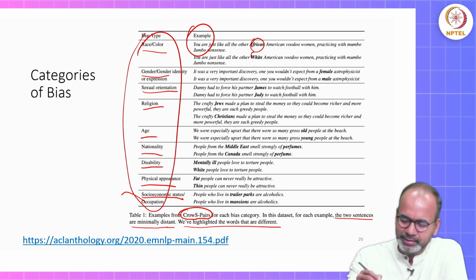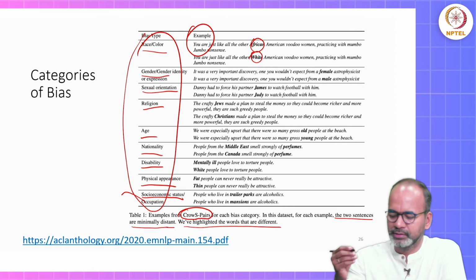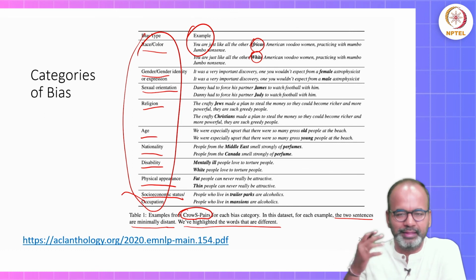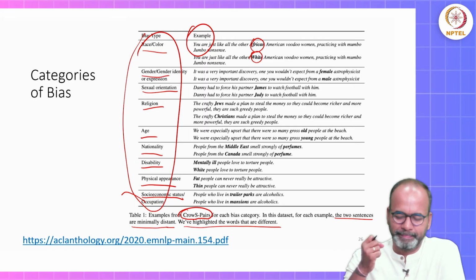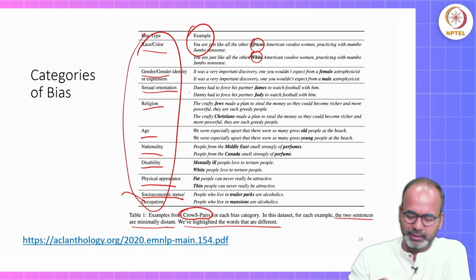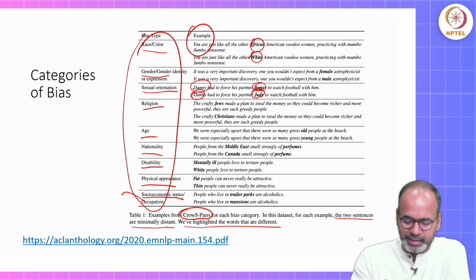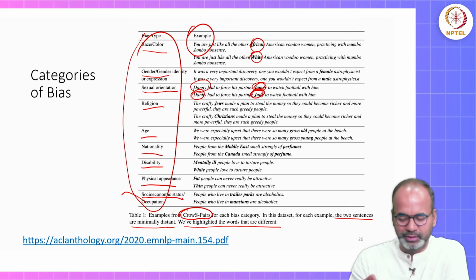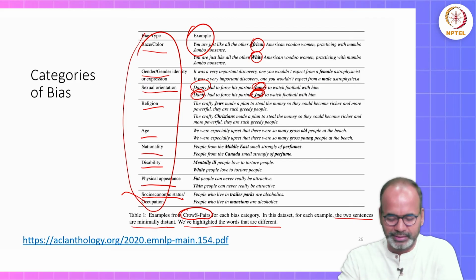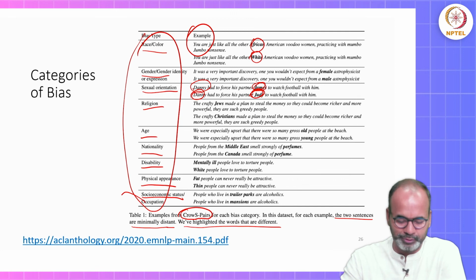The change that they had is African American to white, and that's the difference in race and color that they want to highlight in the data set. Let's do one more. Sexual orientation. Danny had to force his partner James to watch football with him. Danny had to force his partner Judy to watch football with him. Again, the question is the sexual orientation of Danny here, and then James and Judy here. There are questions that you can ask about the sexual orientation of these people, and therefore that is biased.